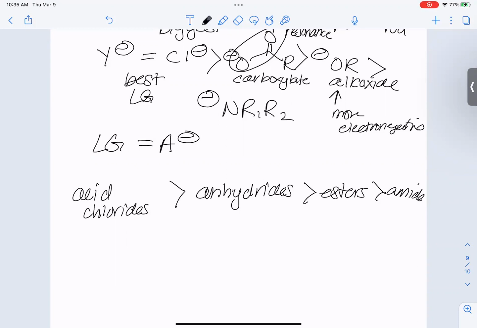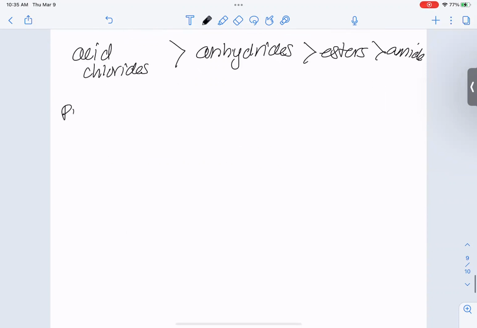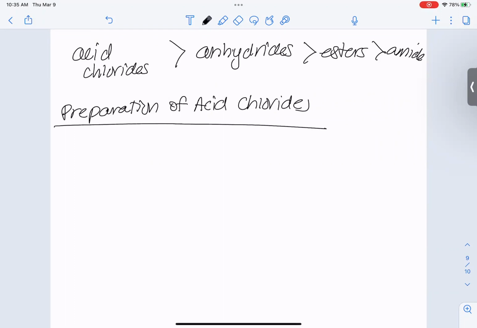All right, so how to make acid chlorides. You have a carboxylic acid, and you treat it with thionyl chloride.